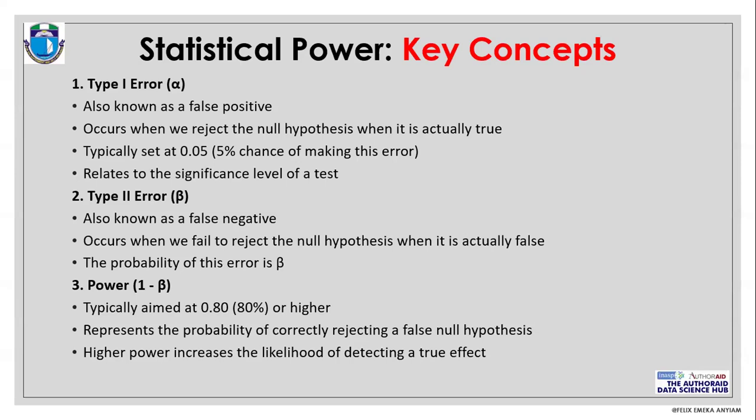Meaning that whatever sample size you get, you are 95% confident that that is the sample size that will help you have a result that is close to the population. Because you have to appreciate the fact that every study you do, you probably will not use the entire population. You will take a sample. Whatever result you get from that sample, you will guesstimate it to be the same or representative as if you had used the entire population.